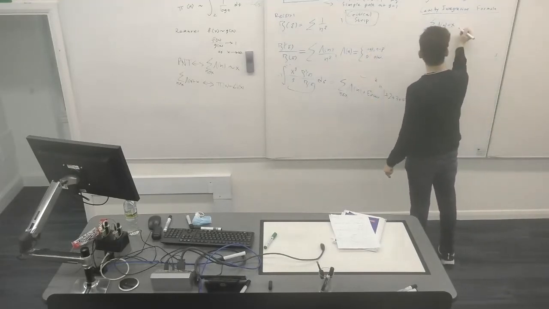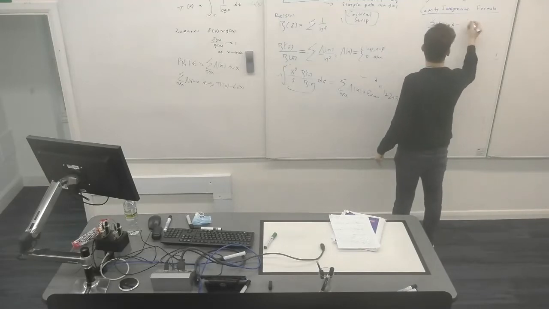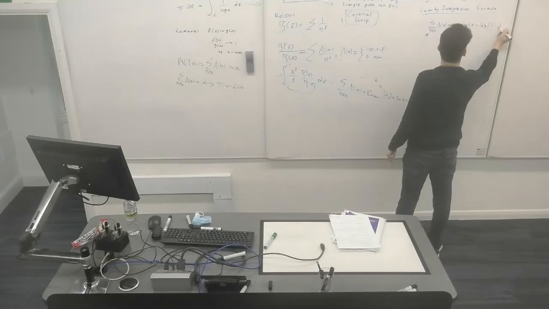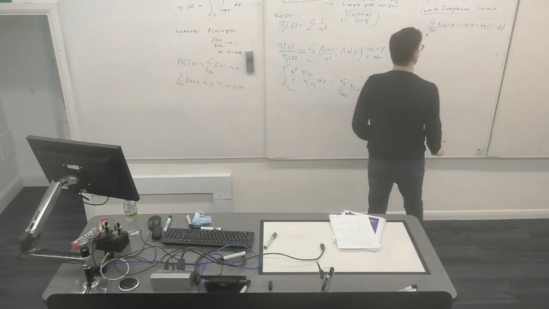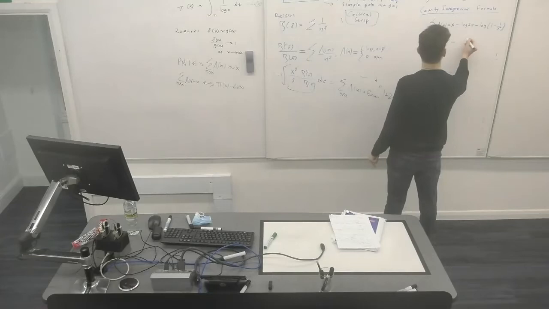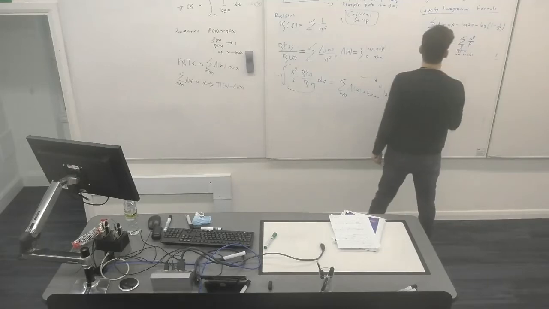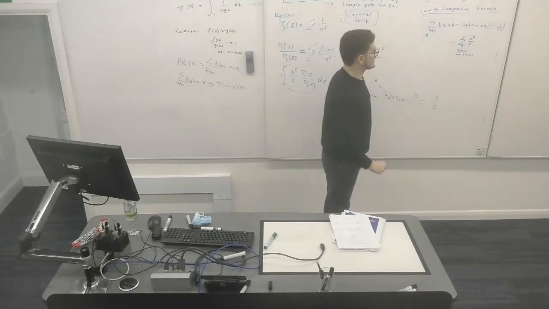So this is equal to x minus log 2 pi, minus log of 1 minus 1 over x squared, minus this term here. So in particular, this is an exact formula.